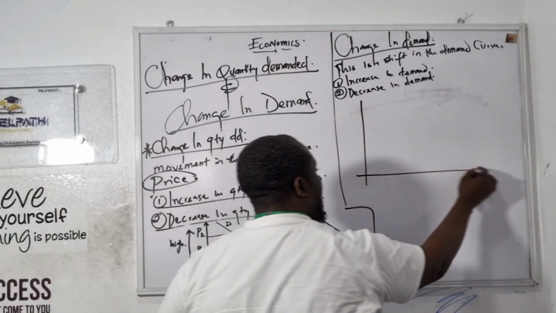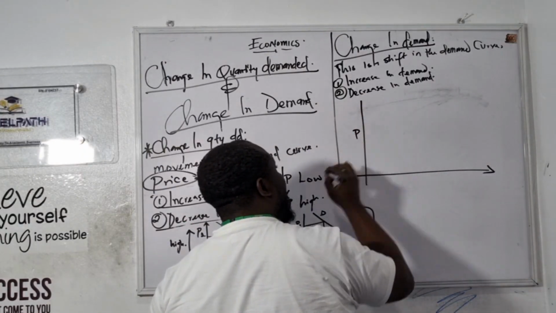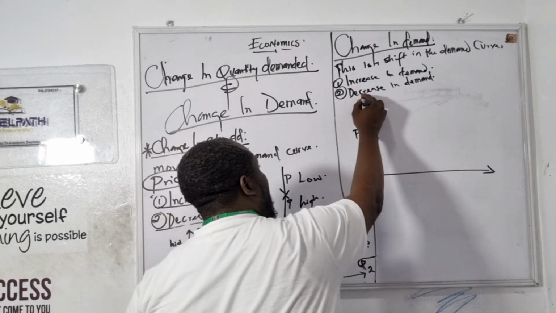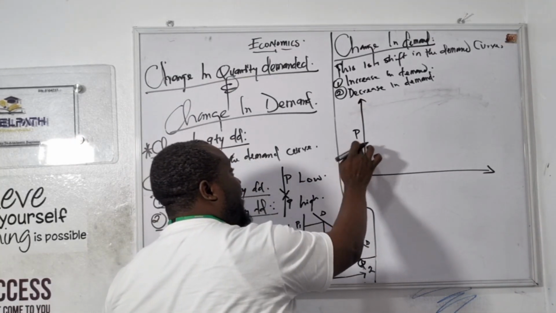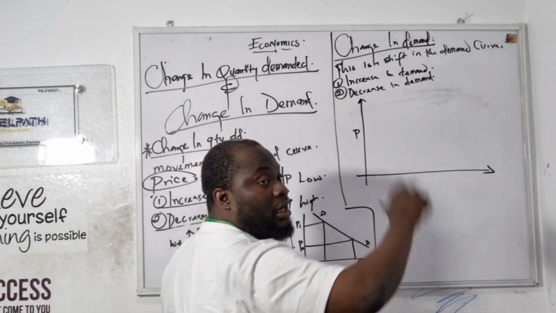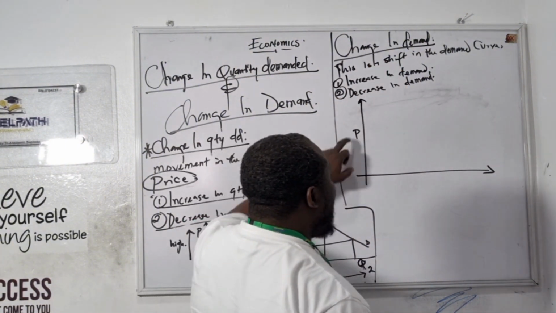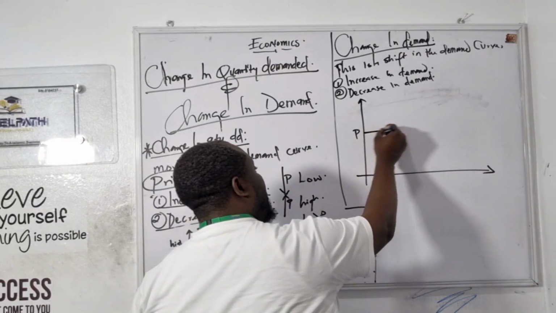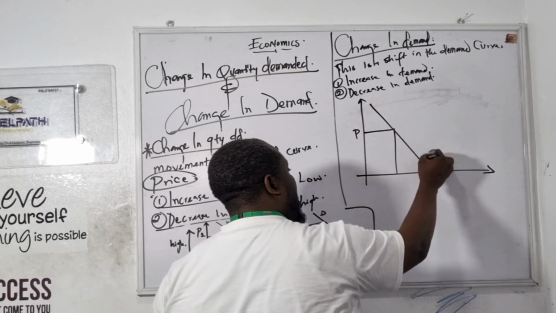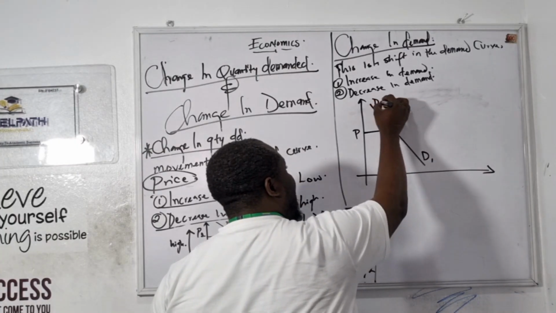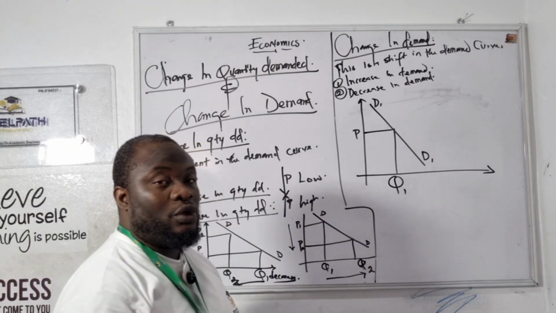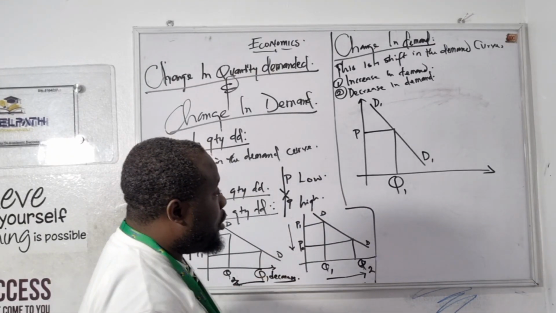Let's say at the same price of a commodity, because we said price is not a factor that causes a change in demand. Are you there? So at the same price of this commodity, this was when Mr. A was earning 30,000 naira per month before his salary is increased to 1 million.